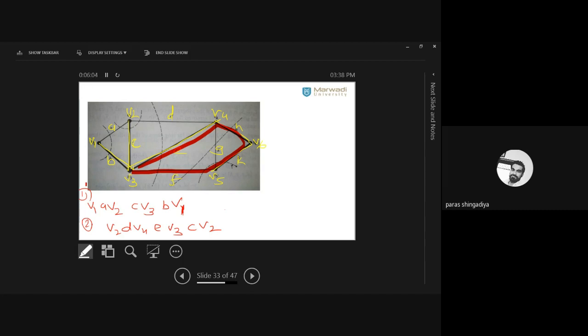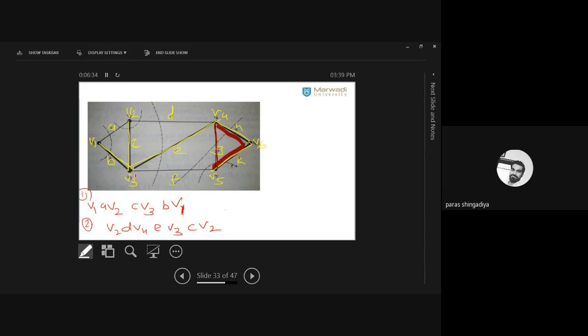Then we can consider this left hand side triangle, V4, V6, and V5. That is also a fundamental circuit. It is V4 H V6 K V5 G V4.